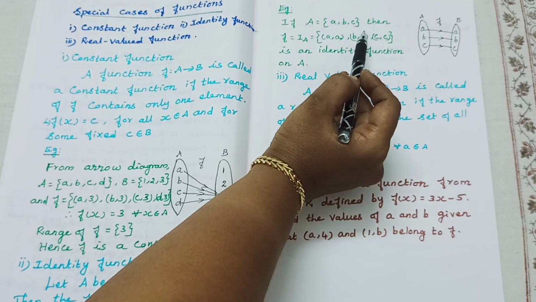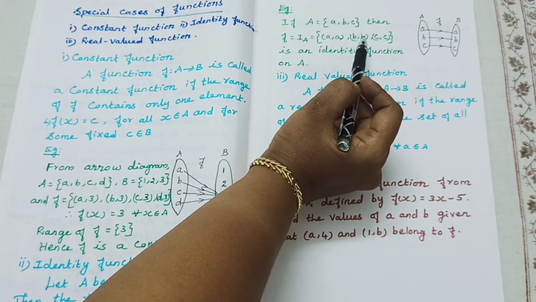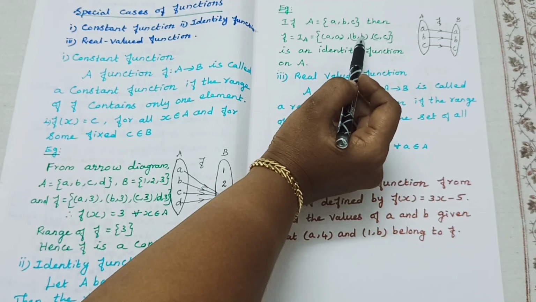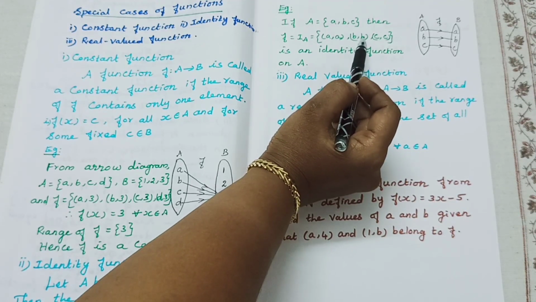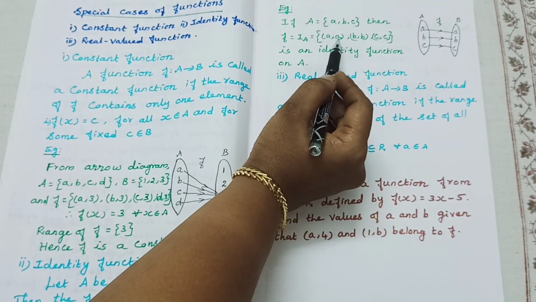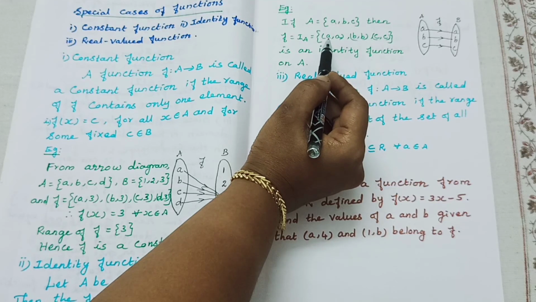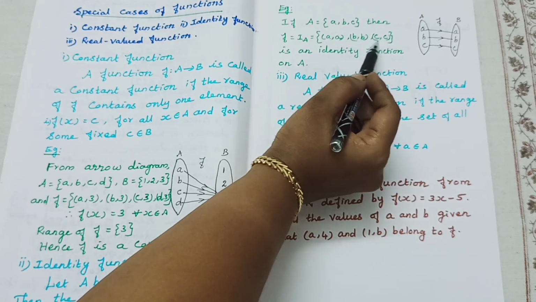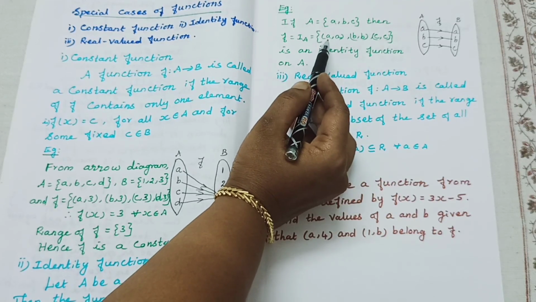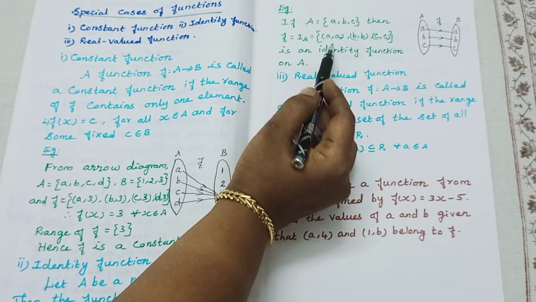Then both also the same values will come: a comma a, b comma b, c comma c. If this function is an identity function, then the x value and f of x value are both equal, the same values will come.